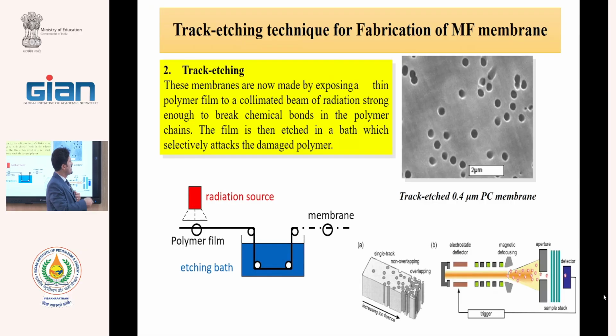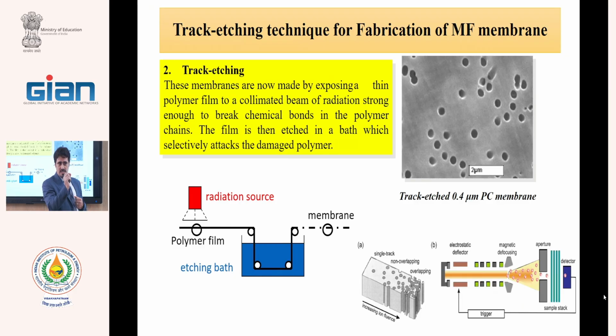Next, after irradiation, we put the membrane, the film, in an etching bath. The etching bath is a solvent bath that can dissolve the irradiated area.